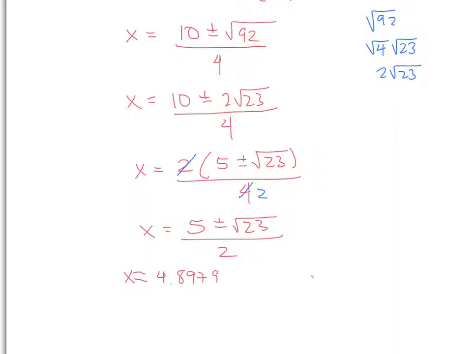And on the other side, it's equal to 0.1021. I'll round to that fourth decimal. Okay, so what you have here, these are 2 points on your graph. So if I was to sketch a graph, just to understand what's going on here, you would have 1 point at 0.10, so really close to the origin there, and 1 at 4.89. And that would be the 2 zeros of your graph.